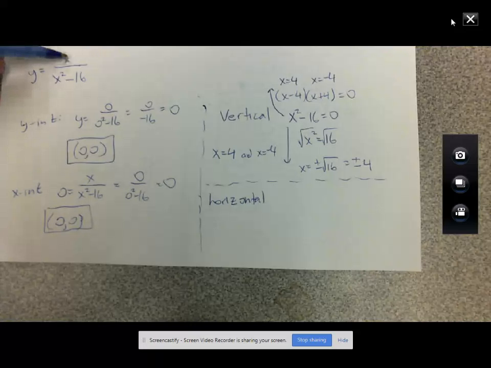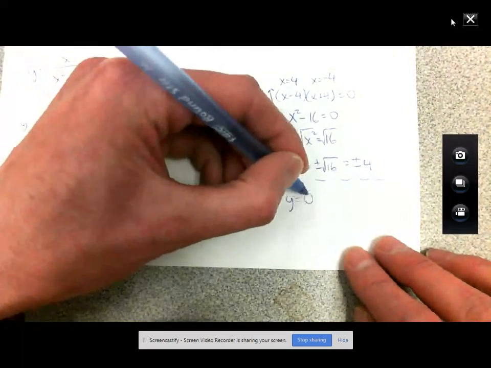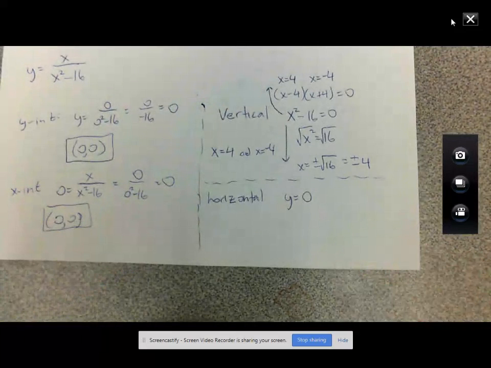If the degree of the numerator is less than the degree of the denominator, the degree of the numerator here is 1, the degree of the denominator here is 2, so less than the denominator, then the horizontal asymptote is going to be at the line y equals 0, or the x-axis. And so that was just using the rule to find that horizontal asymptote.